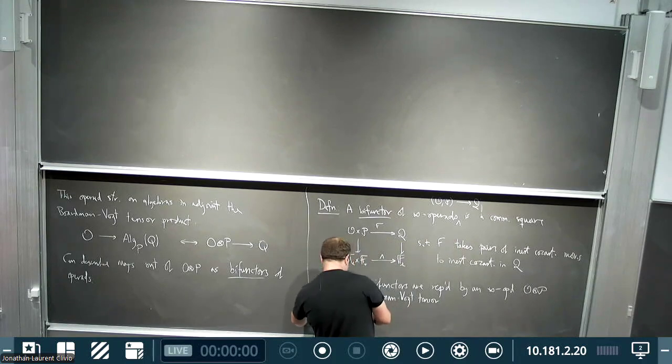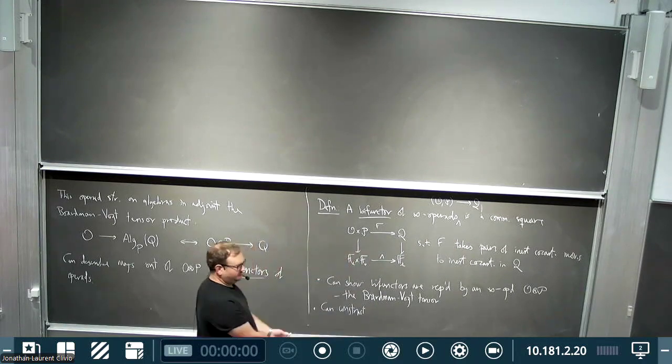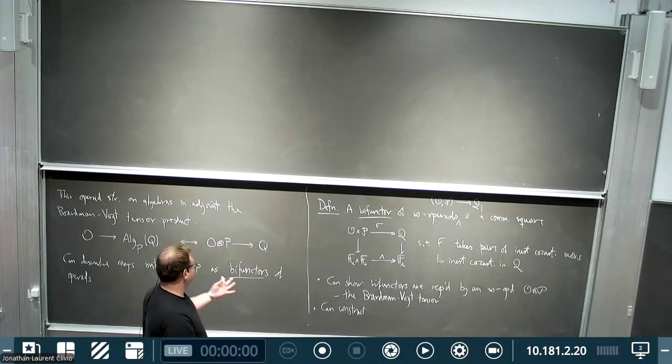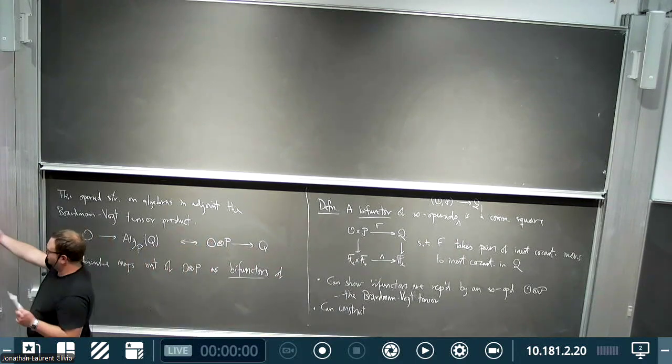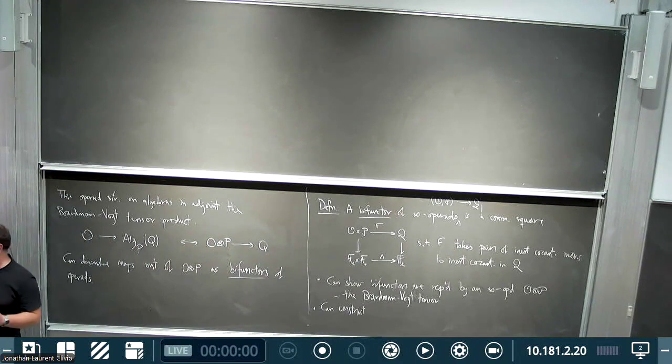And moreover, we can construct, independently of this definition of the Boardman-Vogt tensor product, infinity operad structures on infinity categories of algebras, as I can outline here.